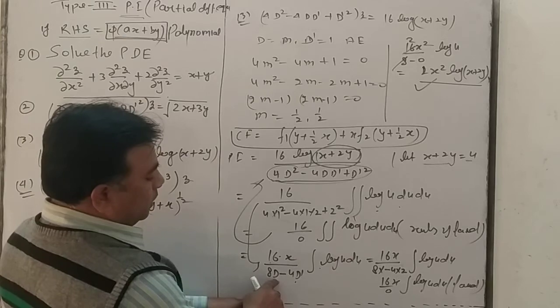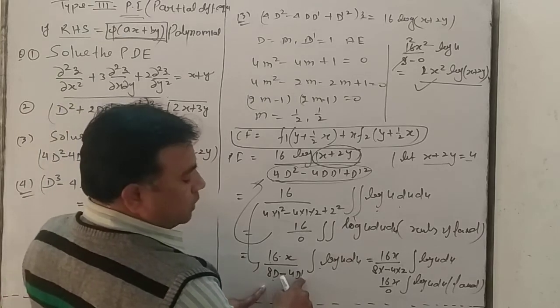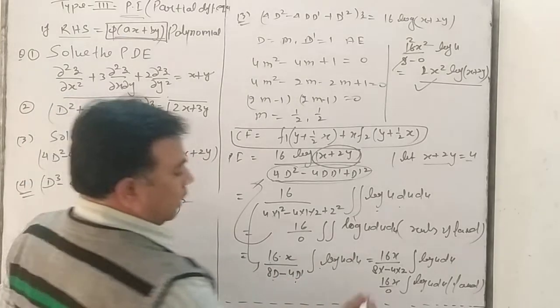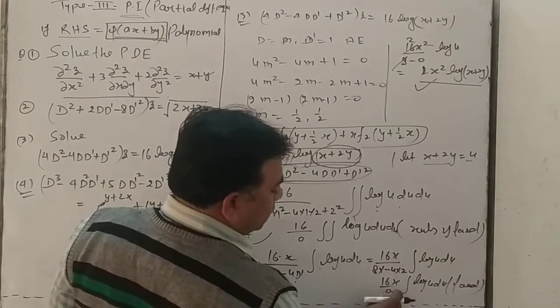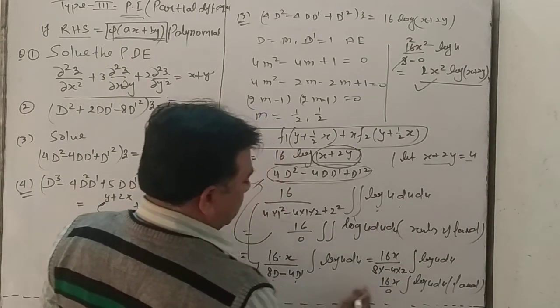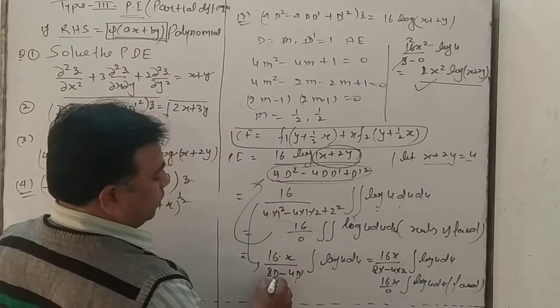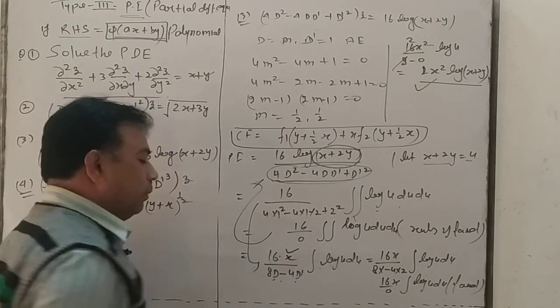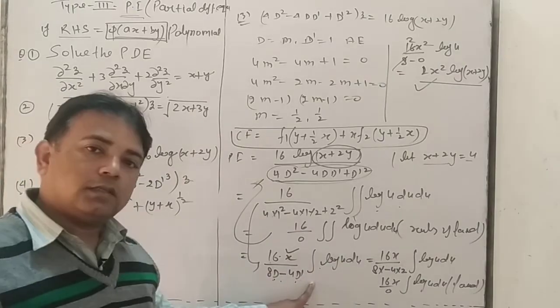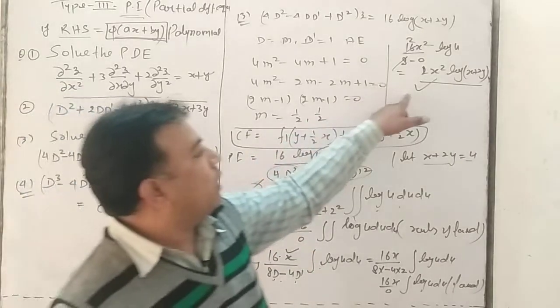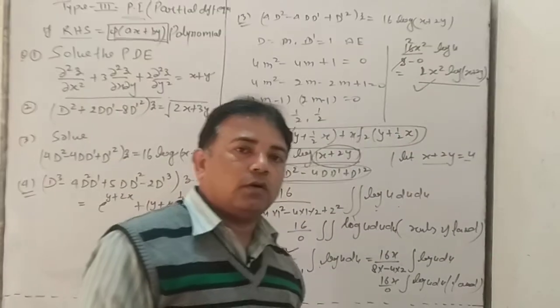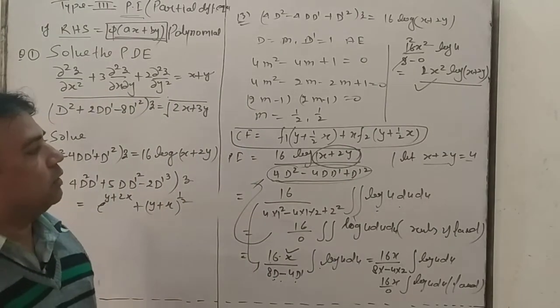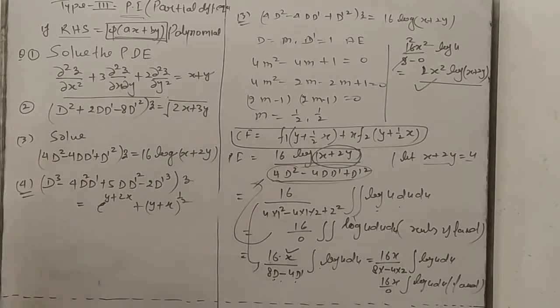After that, again put the coefficient of x in place of D and the coefficient of y in place of D'. Again you see it is 0, so the rule fails again. Then differentiate this function with respect to D, multiply by x and remove the remaining integration sign. So you get the value of this. This is the right PI of this partial differential equation. Please make a note.